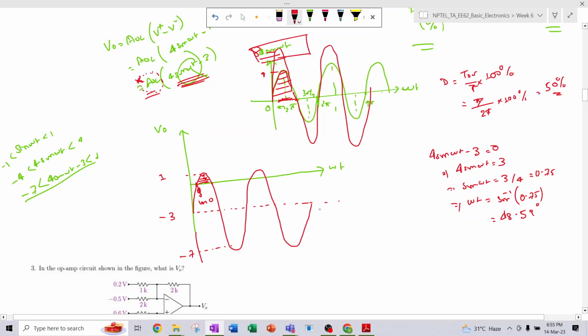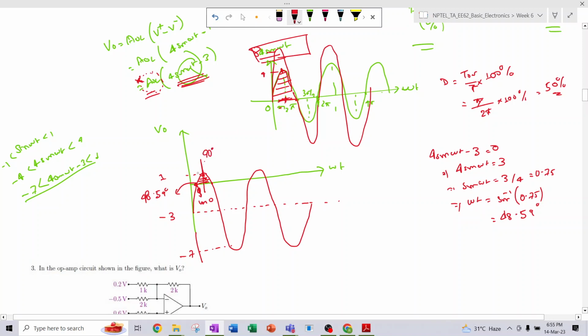So now that means here the omega t value is 48.59 degree, and we know the peak here. In the peak the value is pi by 2, because here it is pi by 2, that means 90 degree.